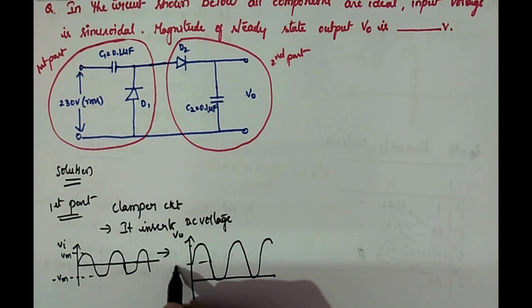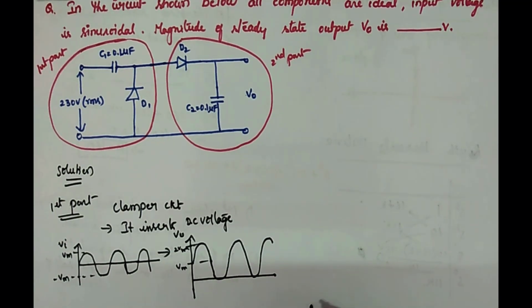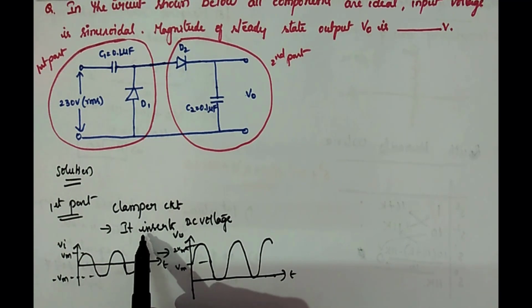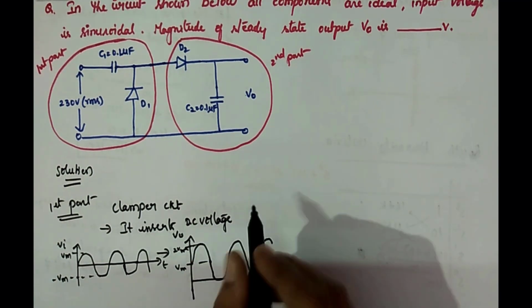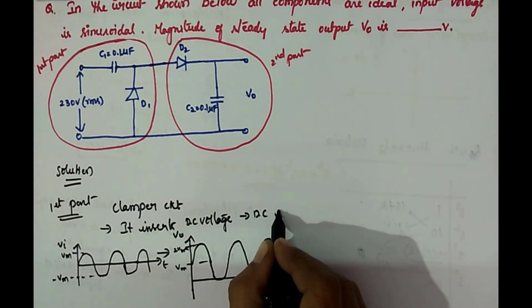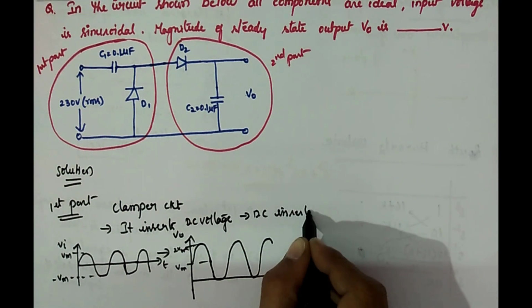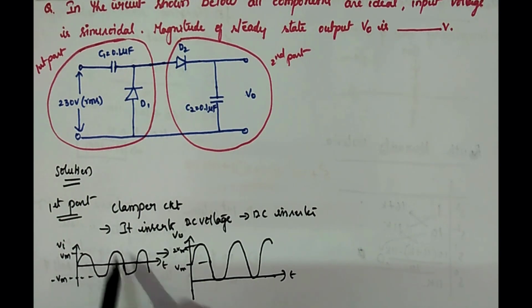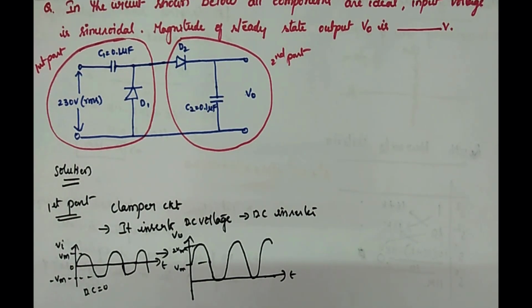This is Vm and this is 2 Vm. Why is it called DC inserter? It inserts DC voltage. For this input signal, which is symmetrical about the zero line, the DC voltage is 0.